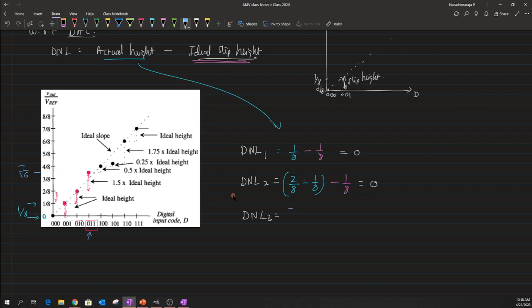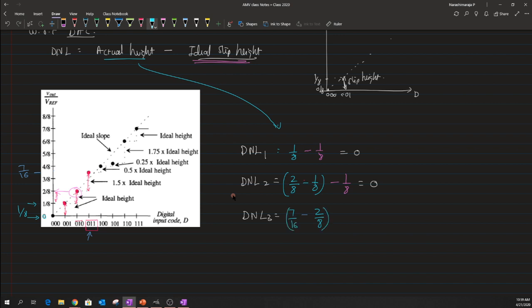So I have 7 by 16 minus the previous data, which is this quantity. This quantity has a corresponding analog output value of 2 by 8, which I have to put here. So 2 by 8 is my previous data point, and the analog value I get when I feed in an input of 011 is 7 by 16.